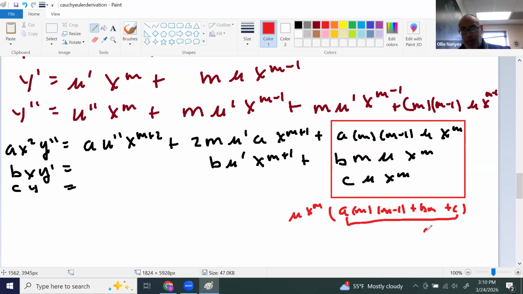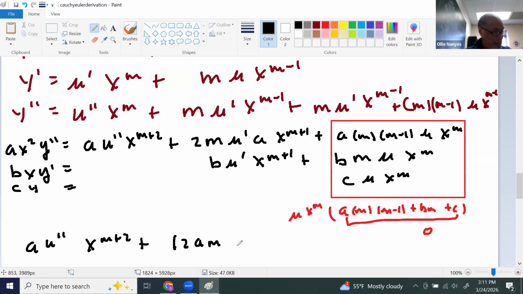Well, all this is 0 because m is a root of that quadratic. So those are gone. And we get the following differential equation: a u double prime x to the m plus 2 plus, now what do we have here? We have 2 a m plus b, u prime x to the m plus 1, and that's still 0.